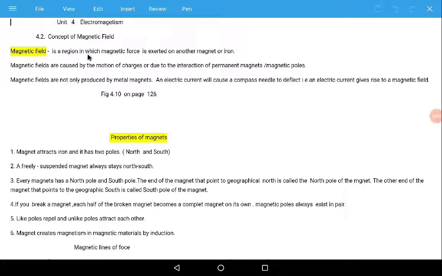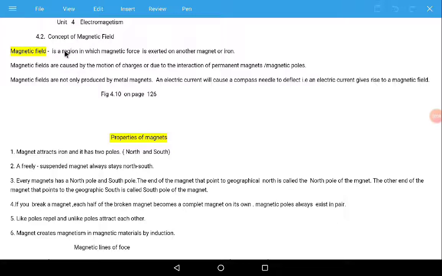If we take two magnets, either with the same sign, that means south or north, or with different signs, that is north and south, the force between these magnets is either repulsive or attractive.